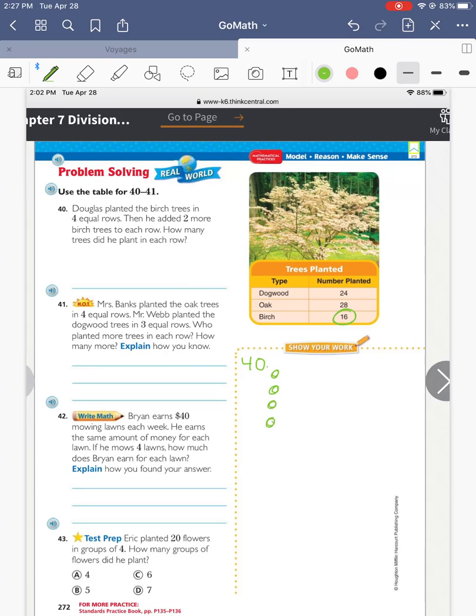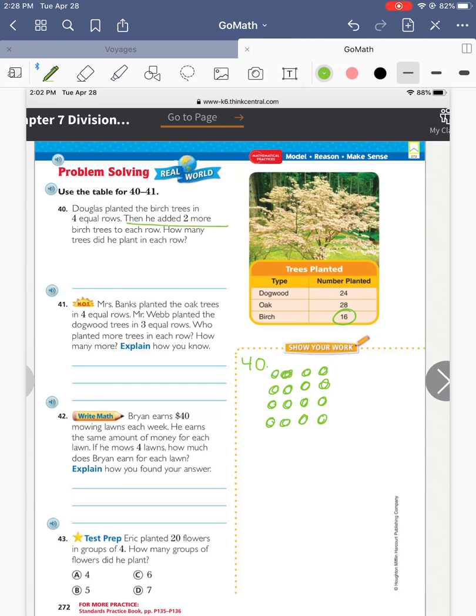So you're still going to have your 4 rows of trees. But then you need to add trees until you get to 16. So 1, 2, 3, 4, 5, 6, 7, 8, 9, 10, 11, 12, 13, 14, 15, 16.